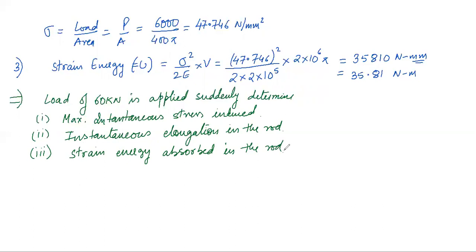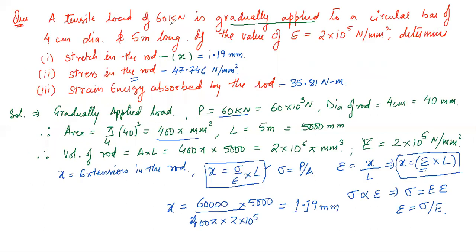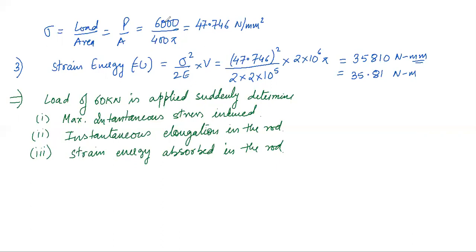In the previous question, we have seen the load of 60 kilonewtons was gradually applied. In this question, the rest of the data is the same, but if we apply the load of 60 kilonewtons suddenly, how are we going to find all these values? So let's see the equations one by one.